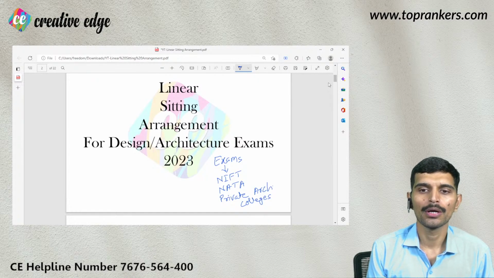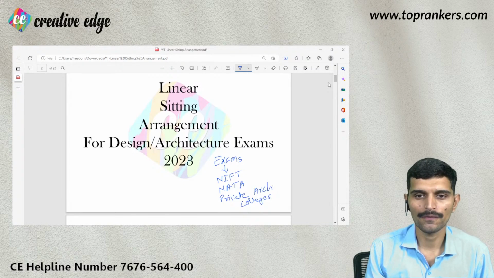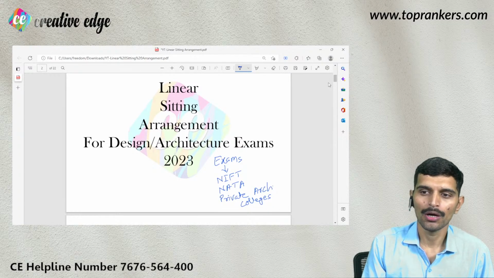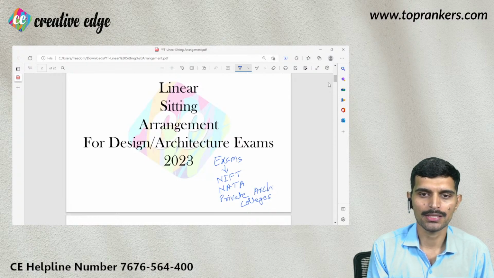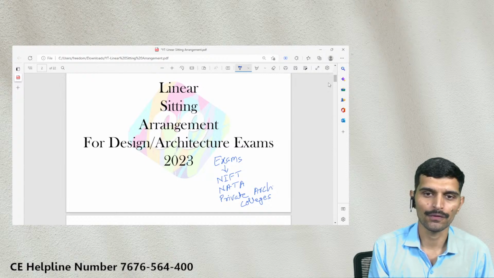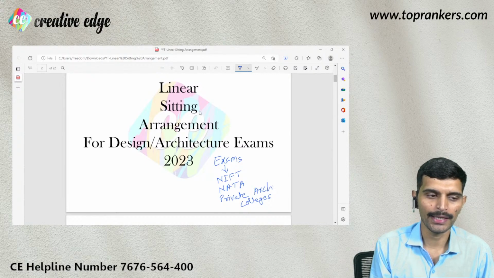Also, people living in say a five-storied building or seven-storied building, and information about them is given in reference to one another, that is, a person X is living two floors above, three floors below, and all that. So that also comes under linear seating arrangement.